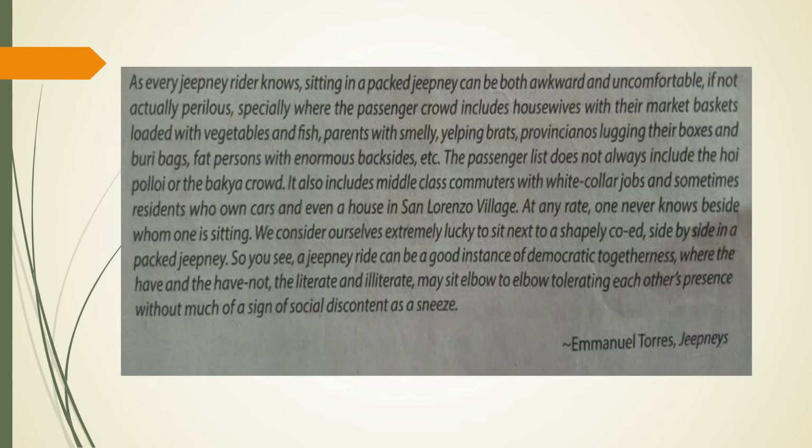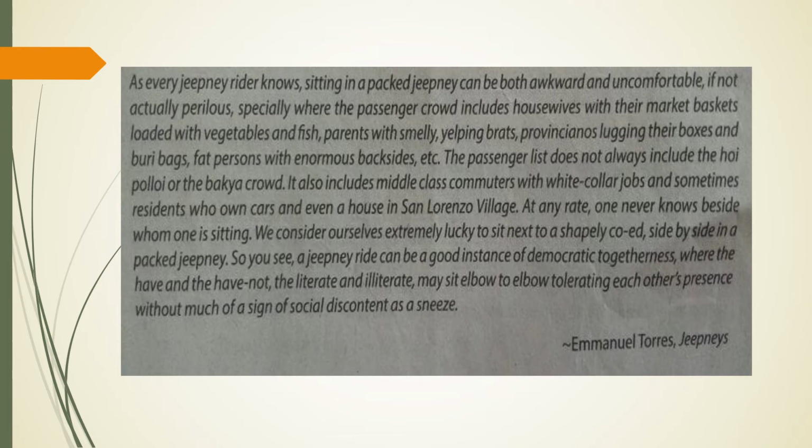Take a look at the example paragraph. The implied topic sentence is about the types of passengers one encounters when riding a jeepney. So what are the supporting details in this paragraph? How do they develop the topic sentence?